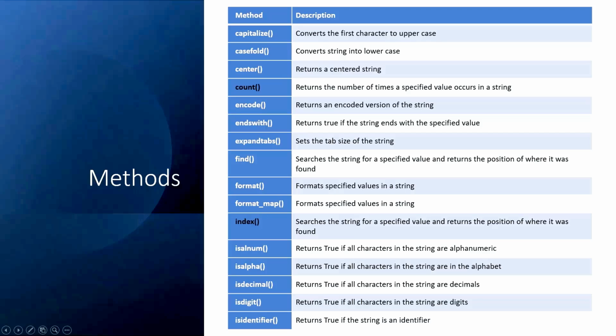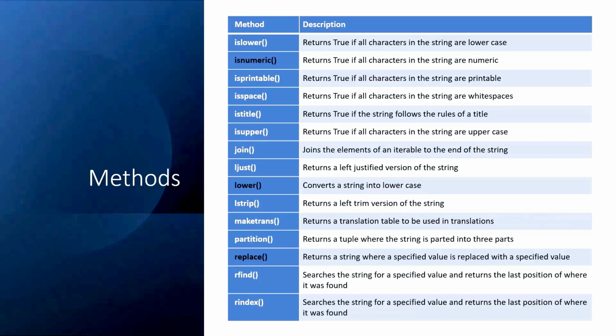If you want to convert everything to lowercase, convert string into lowercase, use casefold. Count returns the number of times a specified value occurs in a string, and so on and so forth. So, if you pause and have a read, I will move on to my next set of methods.